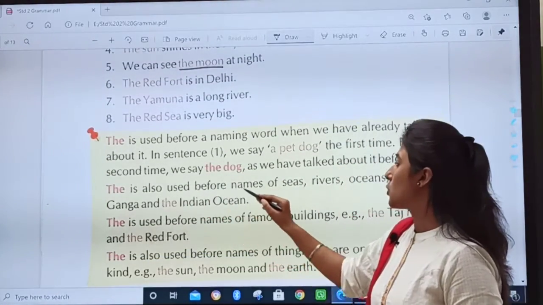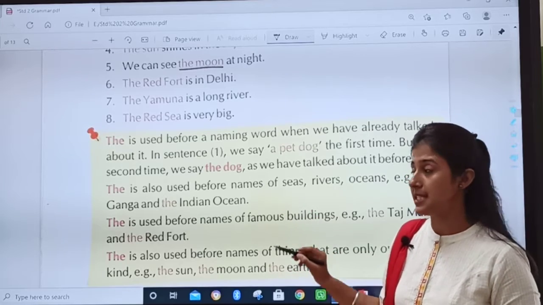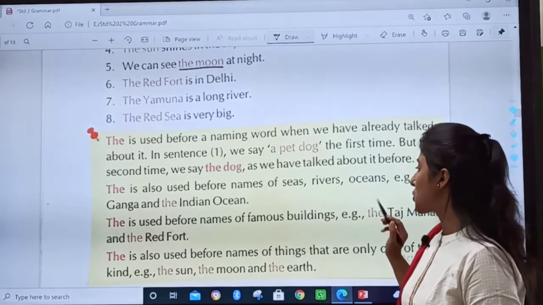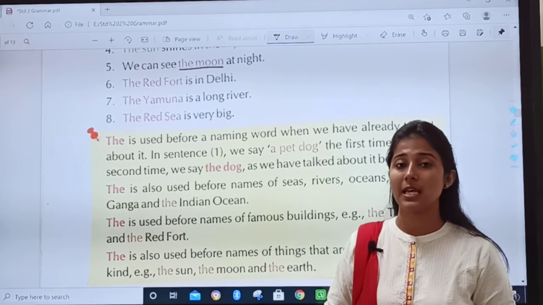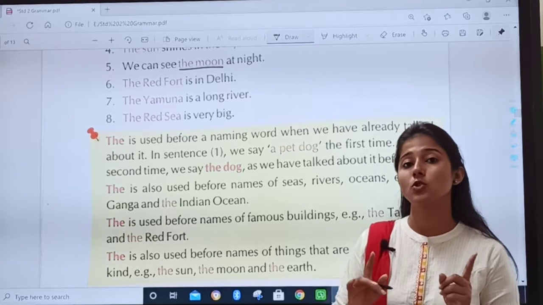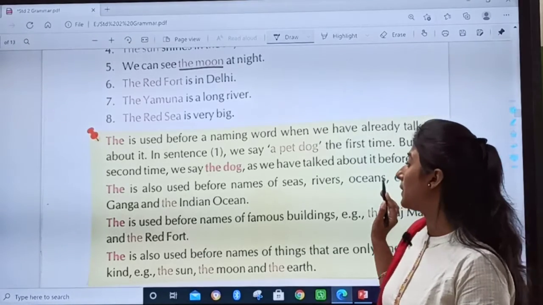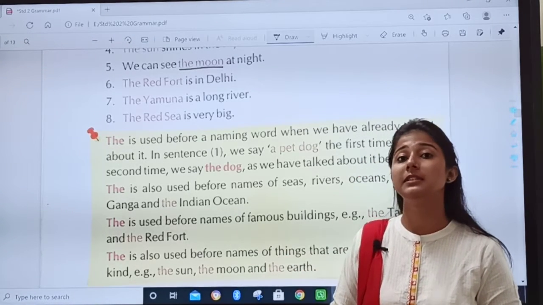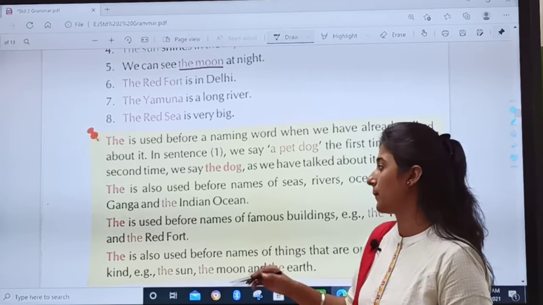Okay, and see, the is also used before names of seas, rivers, oceans. Whenever you say the name of a river, ocean, sea, never forget to put the. For example, the Ganga, the Indian Ocean, okay.